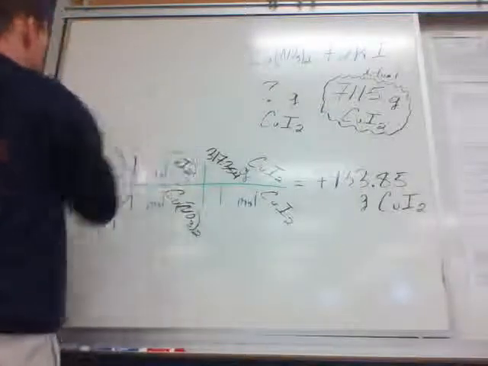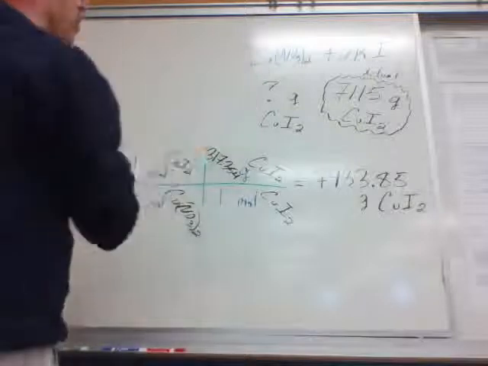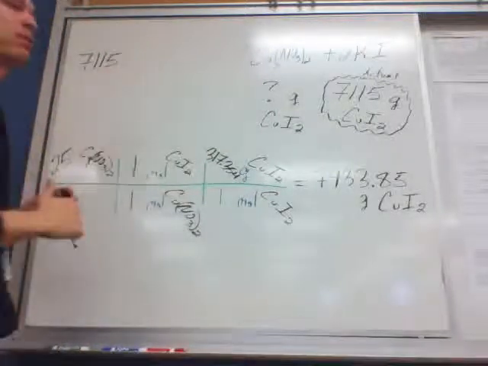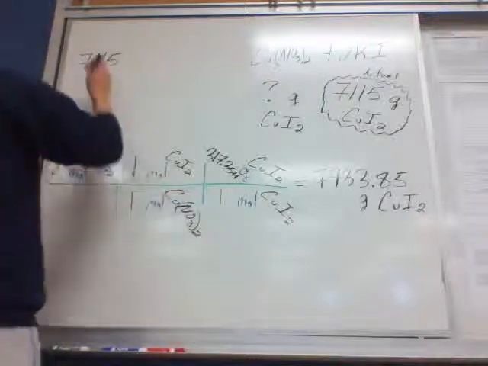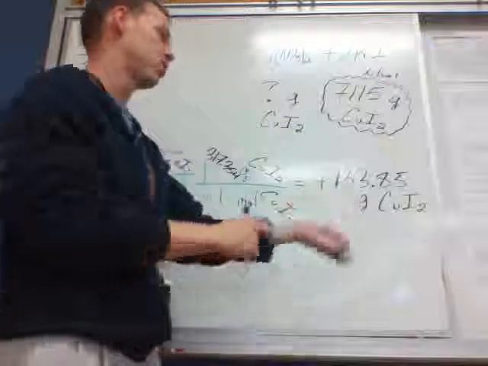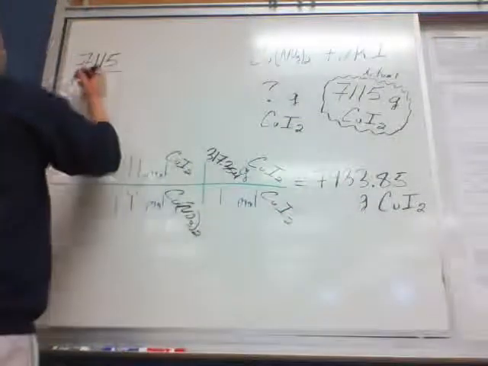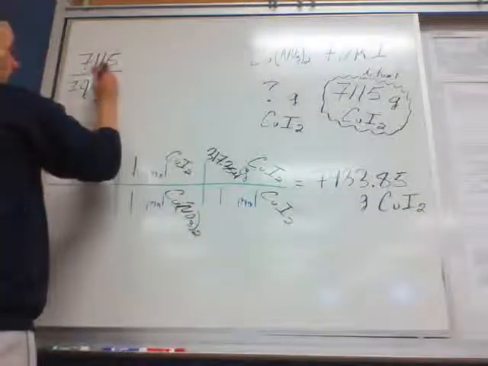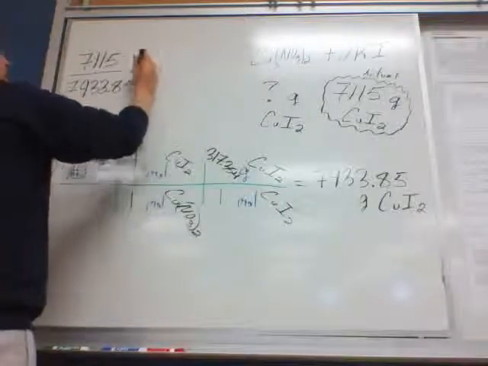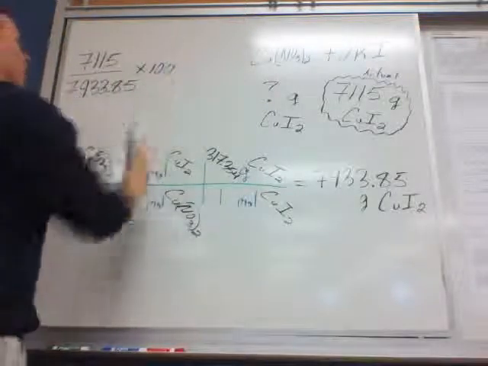Make myself some more space here. The actual is 7115. I'm supposed to divide that by my theoretical, which, remember, is the answer from my stoichiometric grid. 7933.85 times 100.